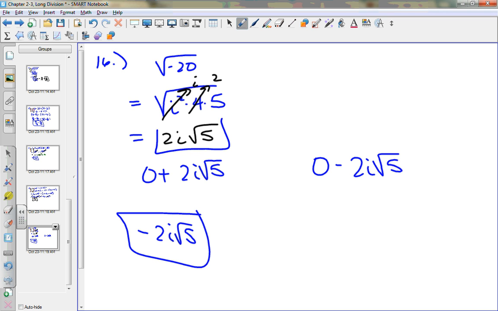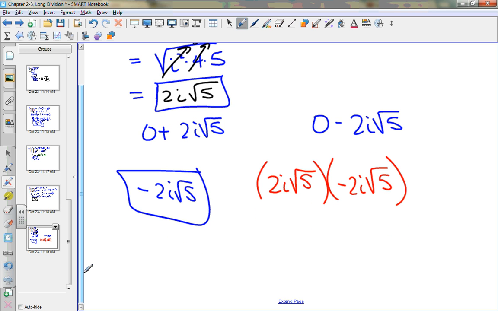So this is the simplified form, and then these are my conjugates. So what's boxed in together? It says write the complex conjugate of the complex number, then multiply the number by its complex conjugate. So what I have to do is multiply these two things together, right? What's that going to give you? 2i times negative 2i is going to be negative 4i squared.